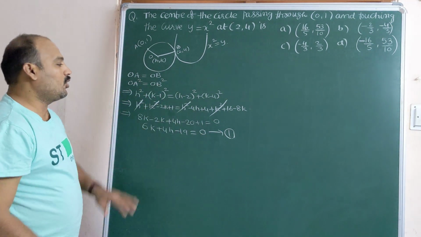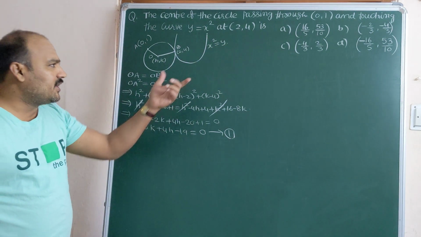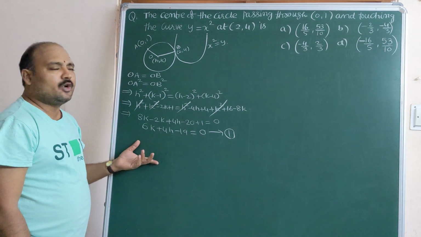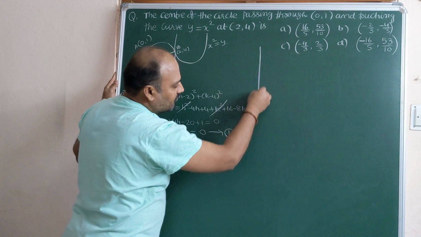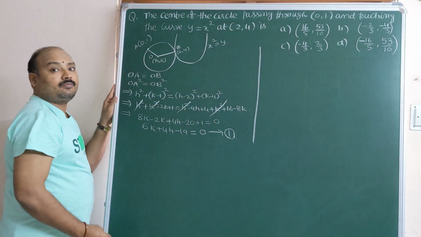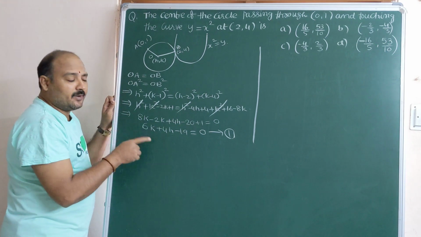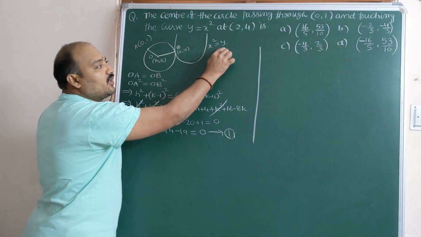After that, what do we have to do? Option verification we do, dear students. Each and every option we can substitute for verification. If more than one correct option is satisfying, that time it is a problem. So what I am doing is, this is the curve equation, no?